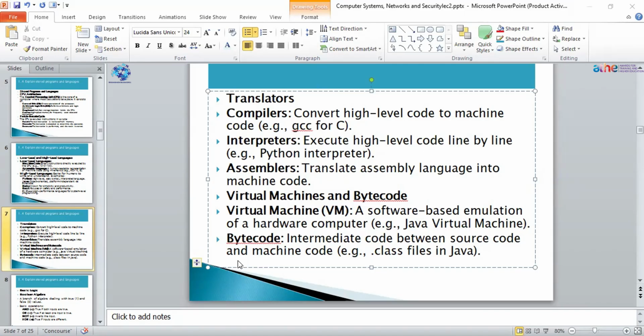Then we have another type of machine that is a virtual machine, and you can say that it is a type of software that is used to run, for example, a software based emulation of a hardware computer. For example, you may know about VirtualBox or VM box.